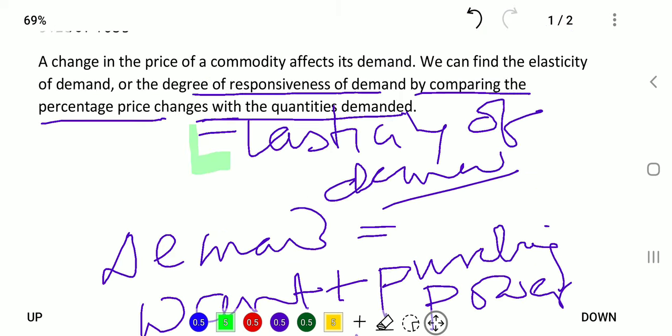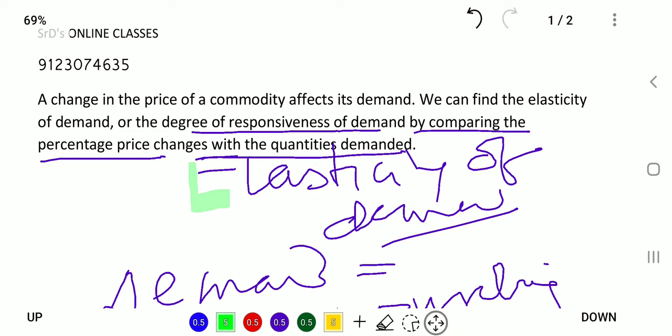So in the definition we have already read that we can find the elasticity of demand, or degree of responsiveness of demand, by comparing the percentage of price changes with quantity demanded.